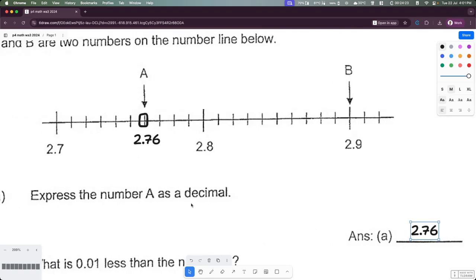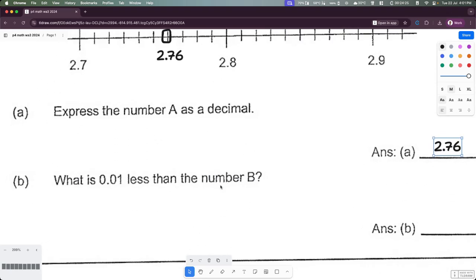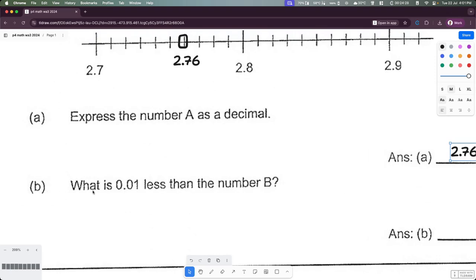All right, now the next thing is we want to go to question B. What is 0.01 less than number B? So what does this 0.01 less mean? Less means minus, so minus 0.01 in this case.